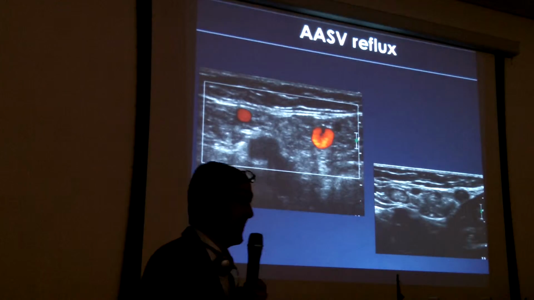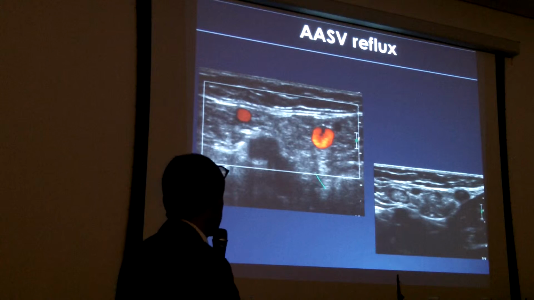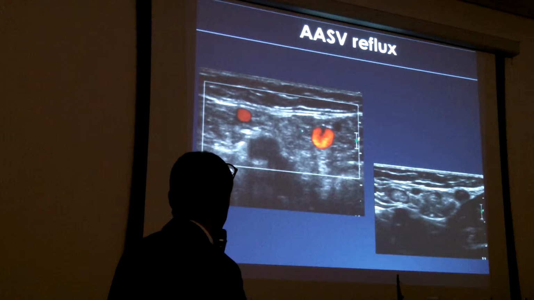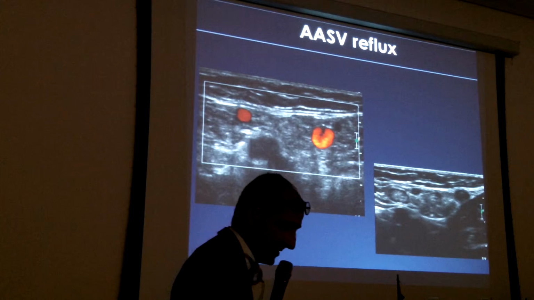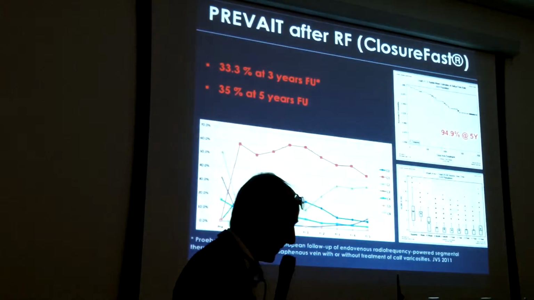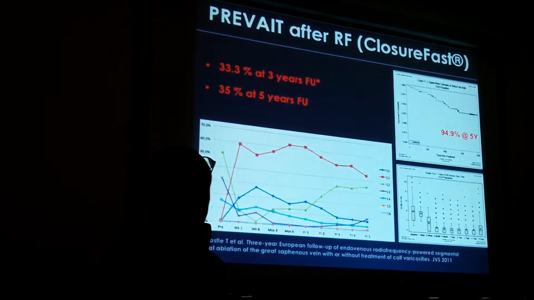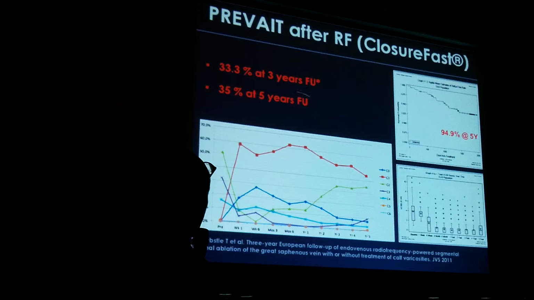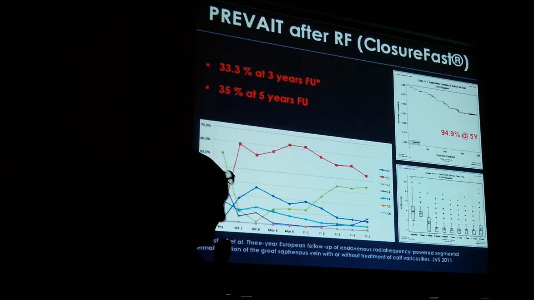One main cause of recurrence after thermal treatment is the incompetence of the accessory anterior saphenous vein, which must be treated at the same time if you see this vein. We have varicose vein recurrence after thermal ablation with radiofrequency, even if the occlusion rate now at 5 years follow-up is 95%.